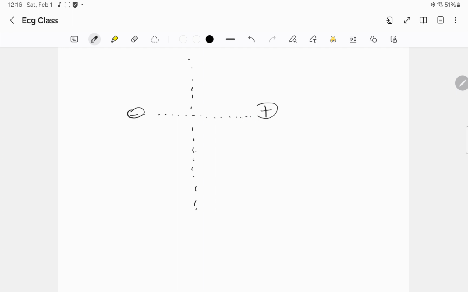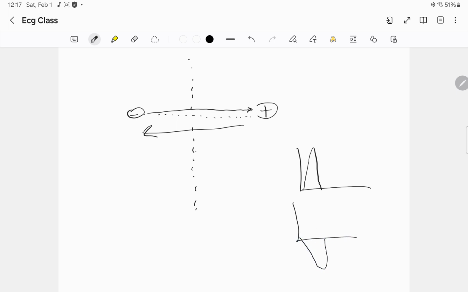So what we're saying is, if an electrical impulse is going in the direction of the positive electrode, you're going to get a positive wave on the ECG. If it's going in the opposite direction to the positive electrode, you'll get a negative wave.